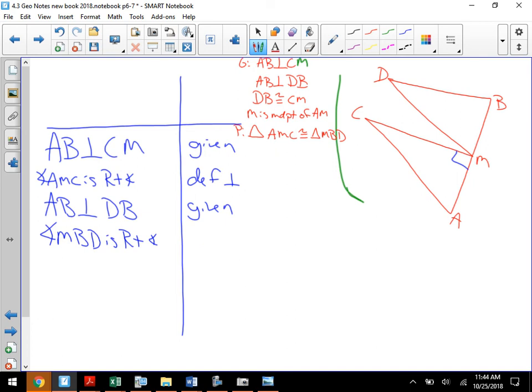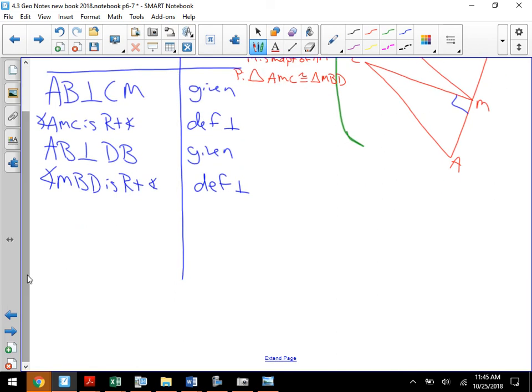Some of you shorten this and combine them, and from what I've seen, most people are okay. Yes, ma'am. You have to say that they're right angles, even though it was marked in the diagram. So now you have your two right angles, and you say that they're congruent.